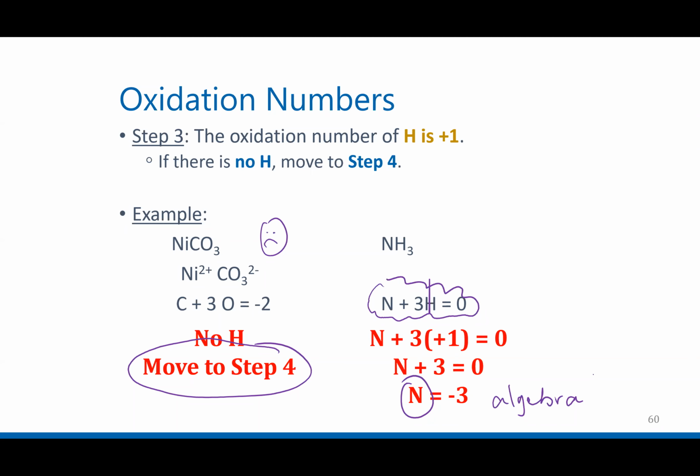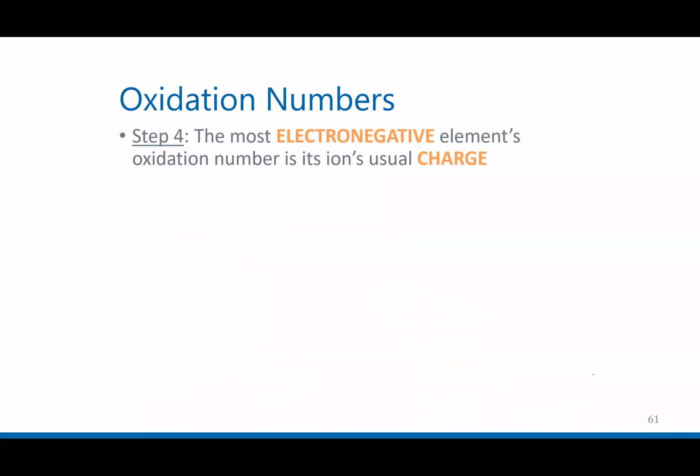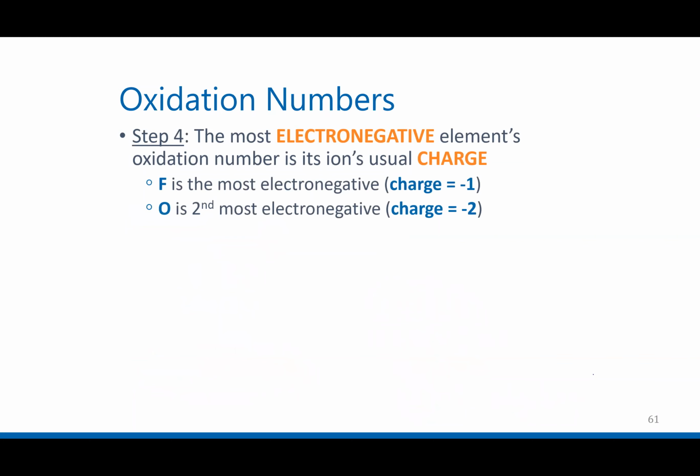Okay, so we still have to worry about the carbonate. So the last one, if there's no hydrogen and you've made it to step 4, the most electronegative element takes the charge that it normally has from the periodic table. We're going to practice this, by the way.